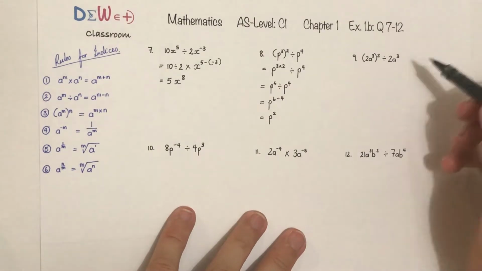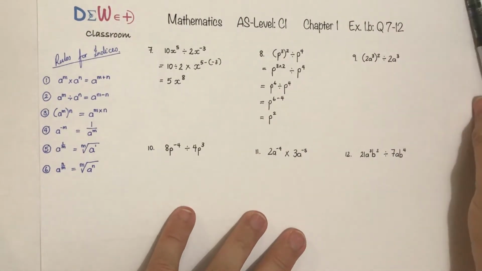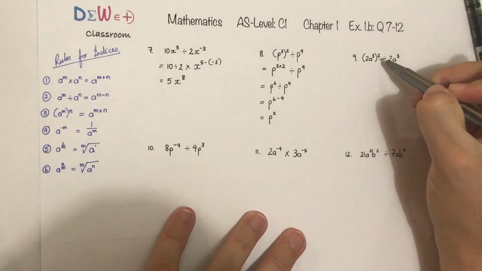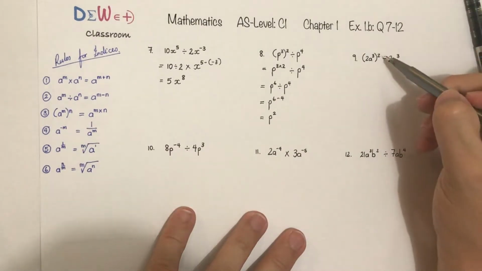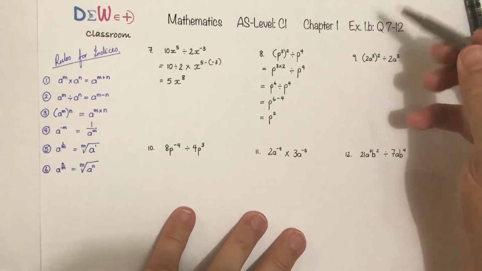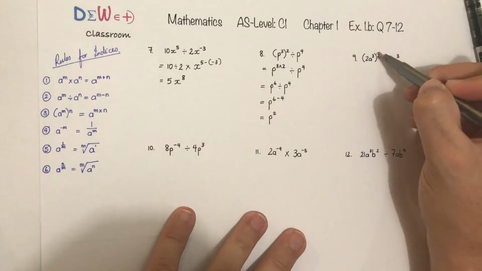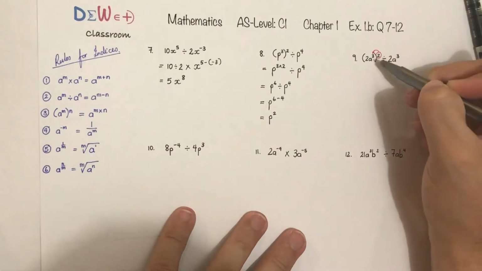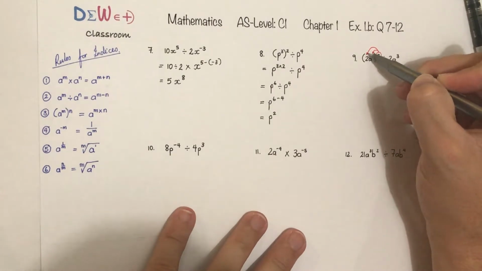Question number 9. It is the same process, but please, in this case, a mistake that is made very often by students is that they follow rule of indices number 3 very well for the indices of the base, in this case the a, but they often forget that this indices on the outside of the bracket applies to the cube of the base a, but it also applies to the base of 2.